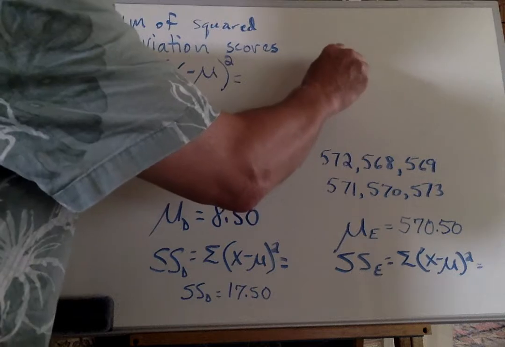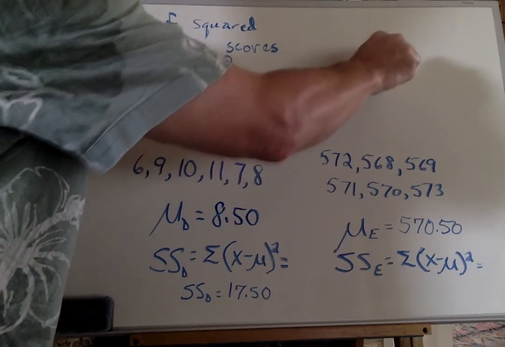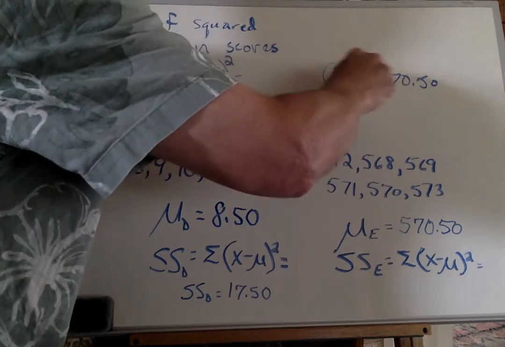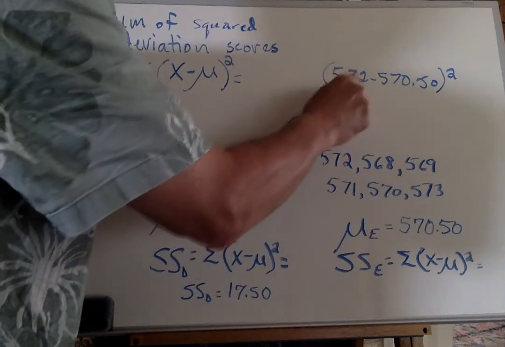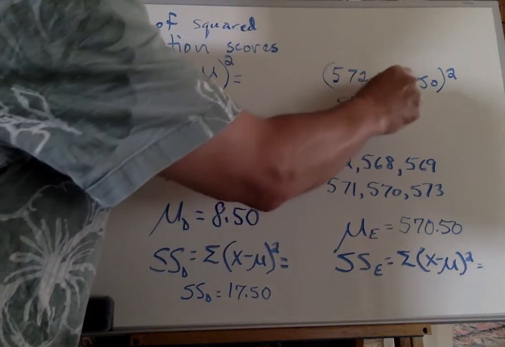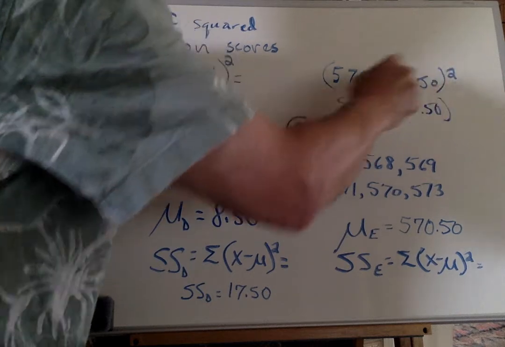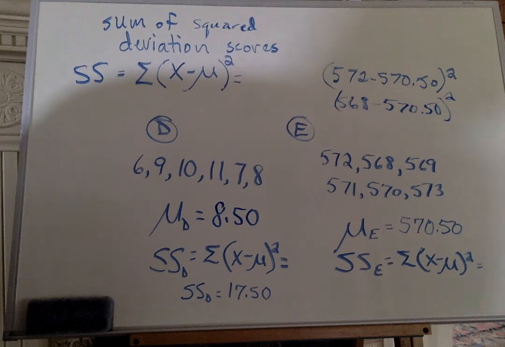And then basically we're going to do the same thing now. So this is 572 minus 570.5. We'll square that. And then 568 minus 570.5. And we'll square that. And so on and so forth.